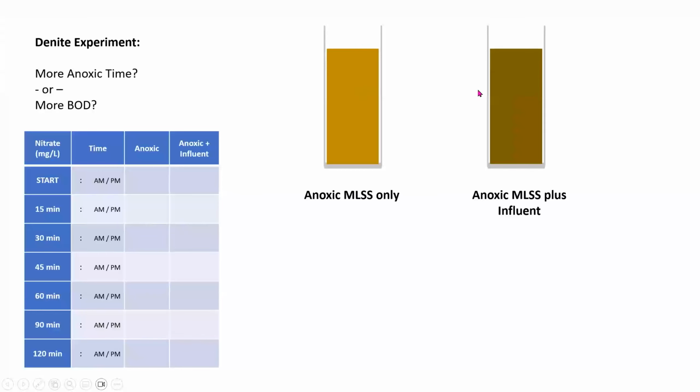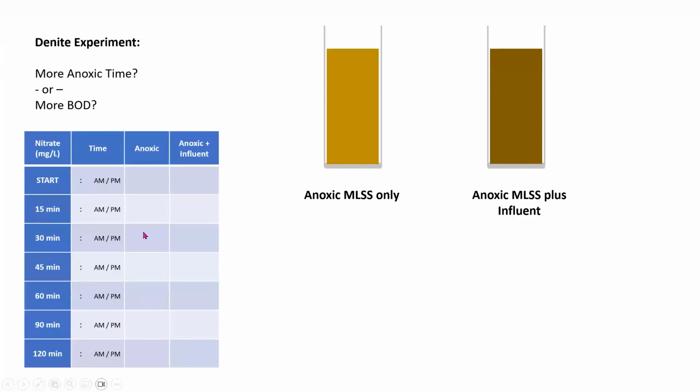So we don't really want to compare the numbers from one to the other. We want to compare what happens inside each settleometer. So we're going to write the numbers down at the start. And then after 15 minutes, after we write the number down, we gently stir them and maybe use one of those paddles that comes with a lot of the settleometers, just enough to kind of keep from having a clear layer at the top.